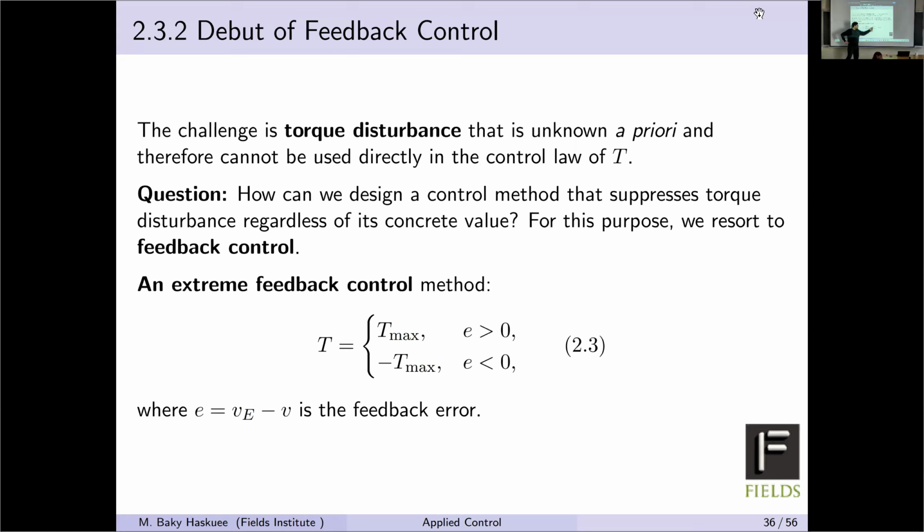If E is positive, then T could be set to the T max that we set already, for example. If E is less than or equal to 0, then it can be set to minus T max to control for that. So in this case, we have a feedback control law that we insert in our model, and then we can optimize our system performance.